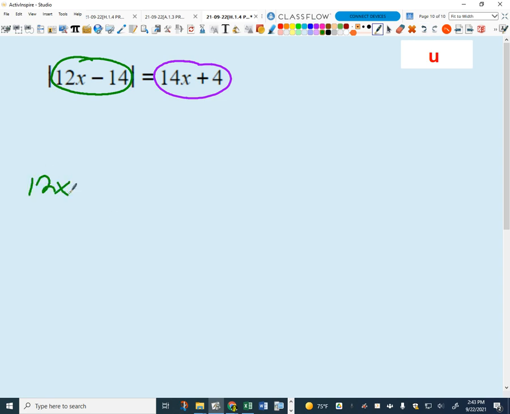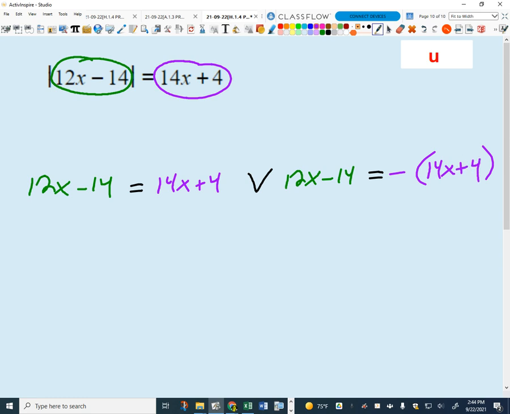The green expression, so 12x minus 14, either has to equal the positive, so 14x plus 4, or what's inside has to equal the opposite of what's outside. So negative the quantity 14x plus 4, right? We'll just solve both of those and see what we get, okay?